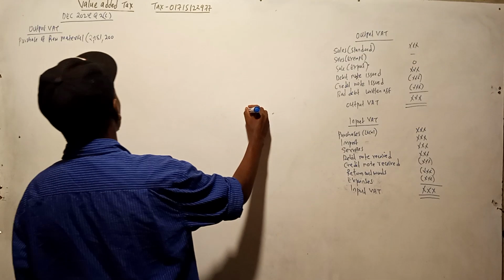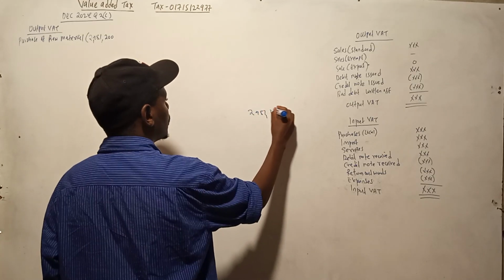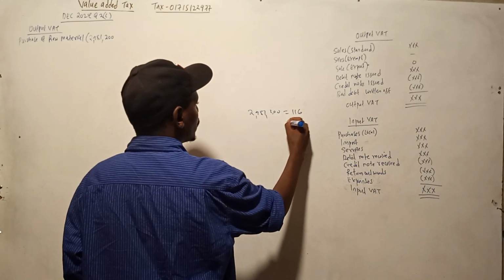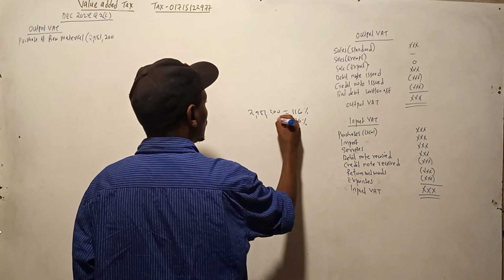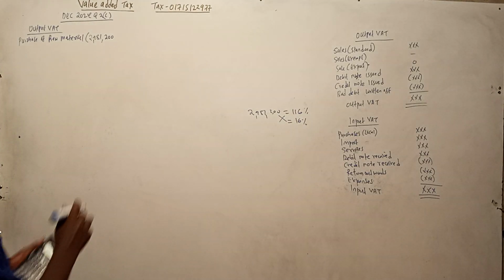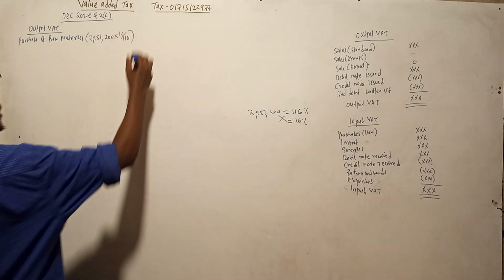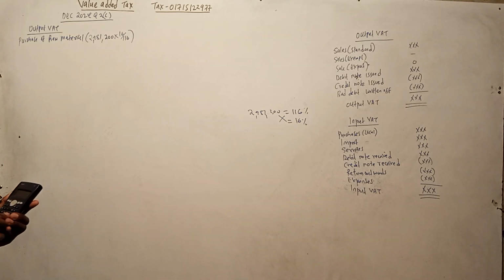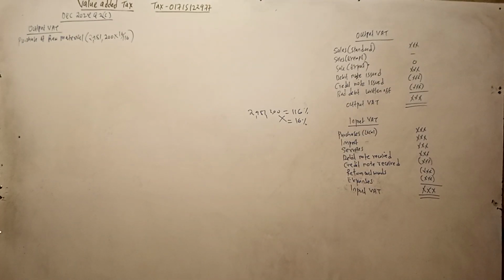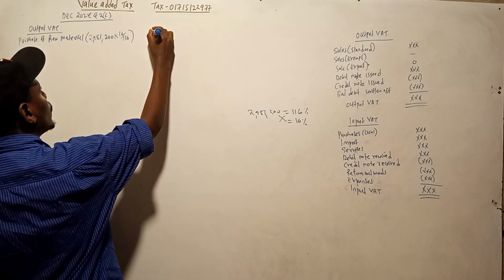Now it is inclusive already, so that one is okay. So we just need to find the value of VAT. This figure 2,981,200 represents 116. We need to get the VAT, which is 16%. So times 16 over 116: 2,981,200 times 16 divided by 116, which is 411,200.